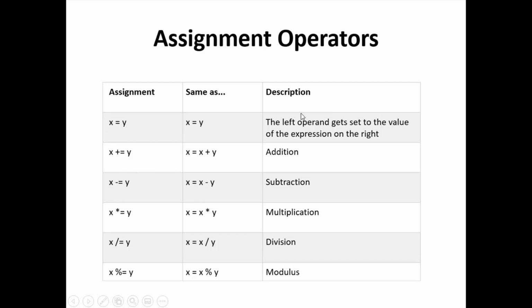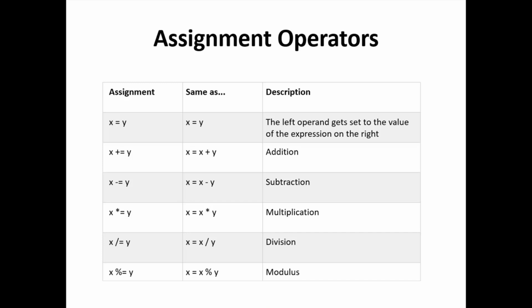Proceeding ahead, we are having the assignment operators: x equals y, x plus equal to y, which performs addition, that means x equals x plus y; x minus equal to y, which means subtraction, that is x minus y; x multiply equal to y, which means multiplication, that is x multiplied by y; x divided by equal to y, that is division, x divided by y; and x modulus equal to y, which is x modulus y.